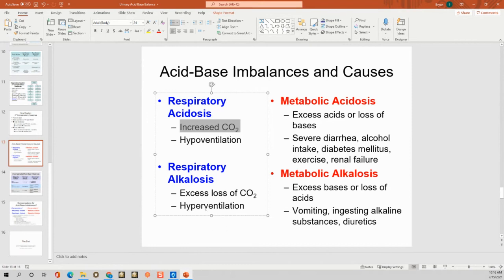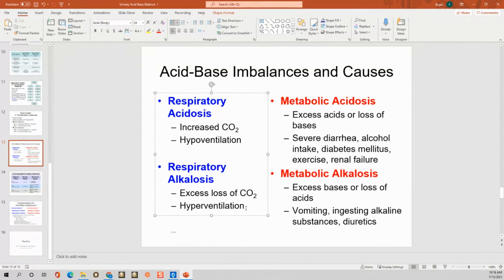Respiratory alkalosis. If we have anything that causes an excess loss of CO2, if you want to experience this, hyperventilate. We're getting rid of excess CO2. The primary cause of respiratory alkalosis is something like a panic attack.